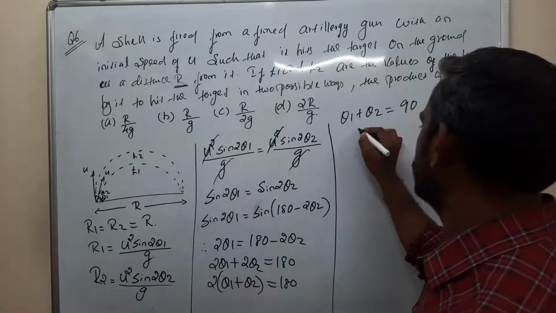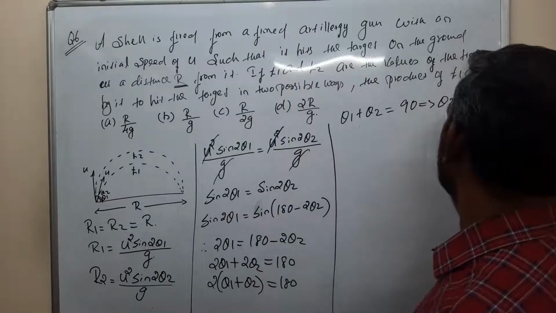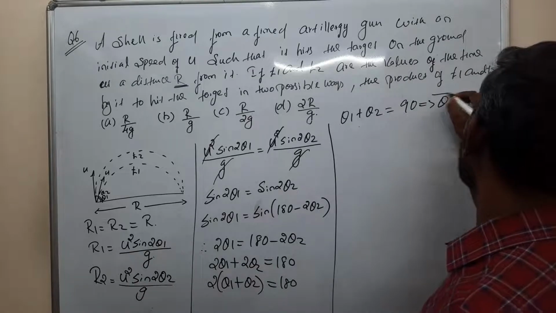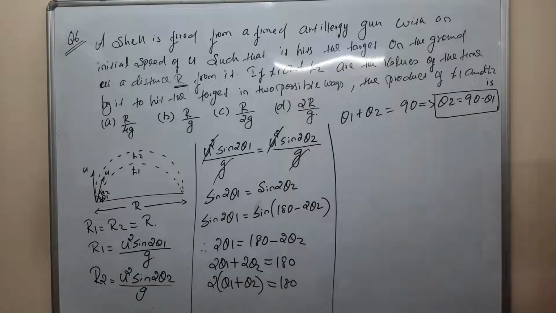So theta 2 is equal to 90 minus theta 1.